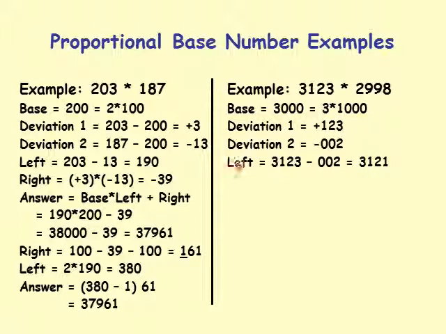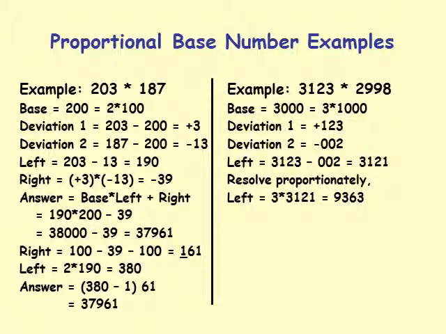On the left, cross apply the first number, 3123, and the second deviation, applying negative: 3123 minus 002, which is 3121. On the right, resolve proportionality first. The proportionality is 3, so 3 times 3121 is 9363.